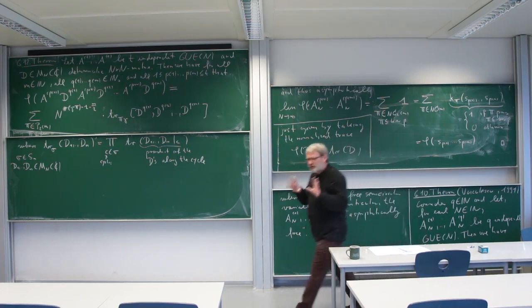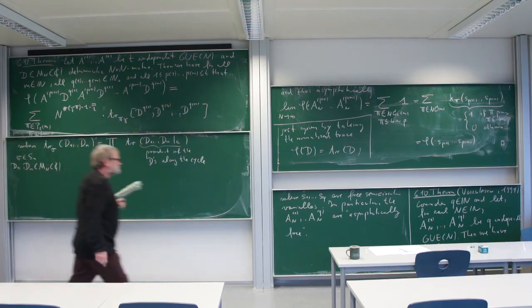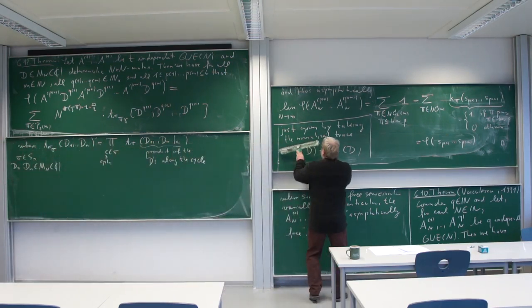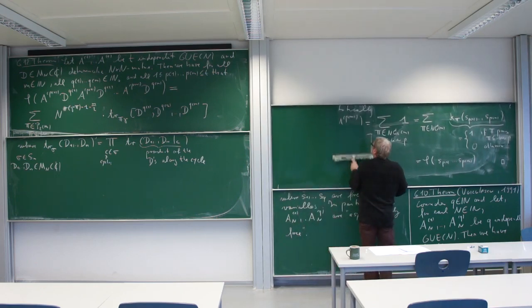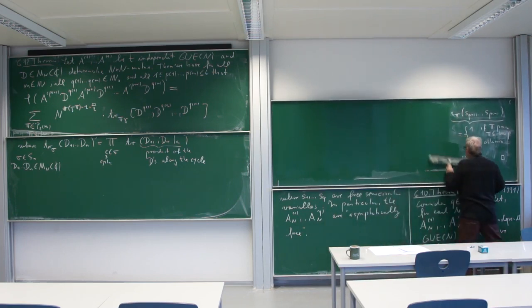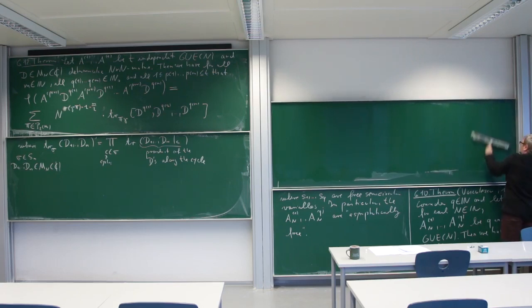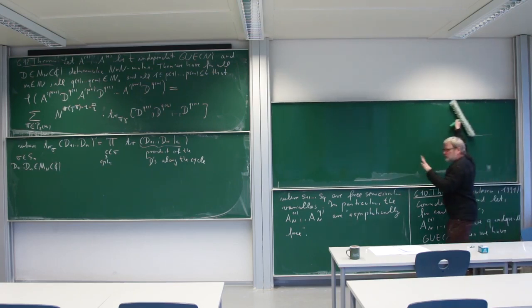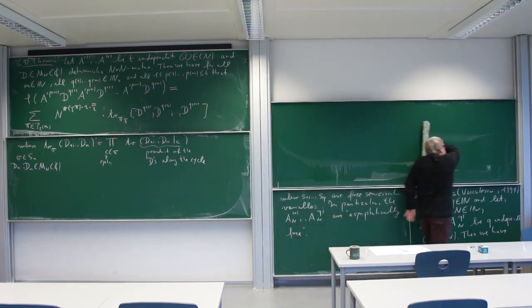And of course, it's now a lot of indices and trying to see how they fit together. The point of the proof again is to do it in the right way, the right notation, and putting things together in the right way, and then it just comes out automatically.